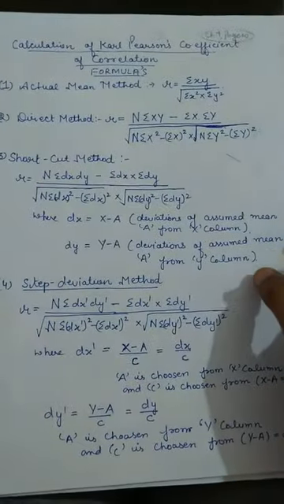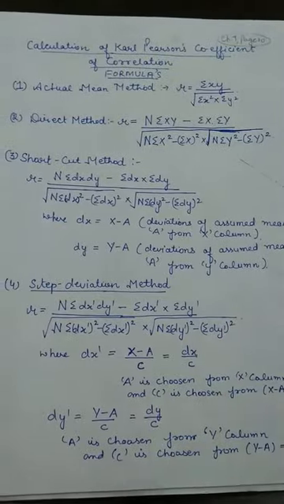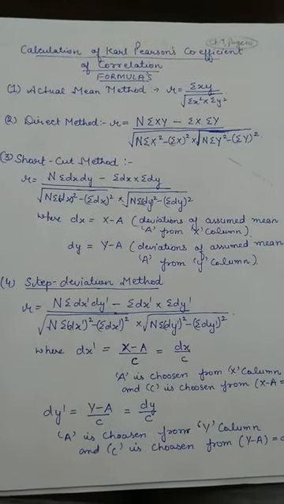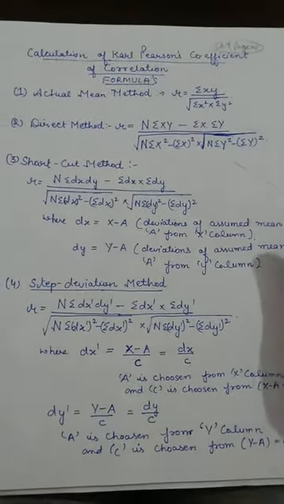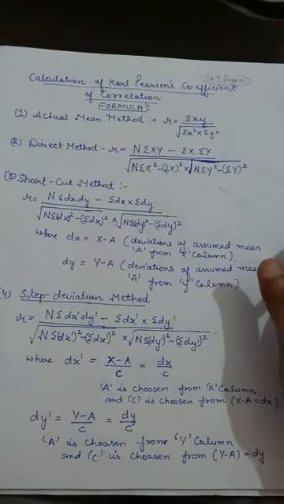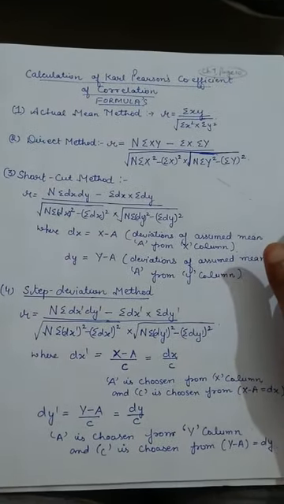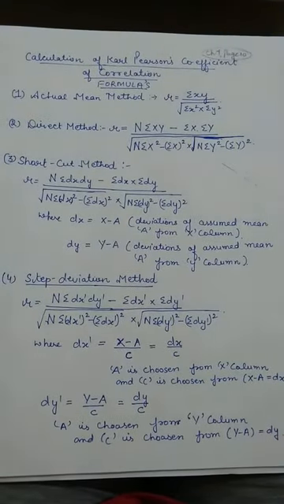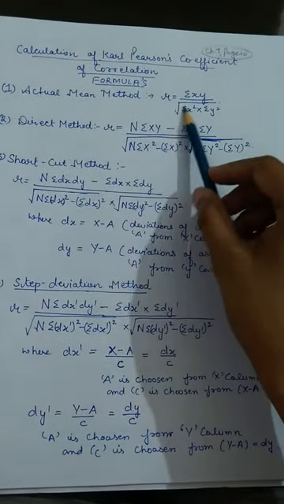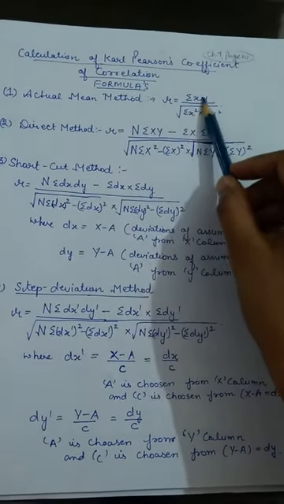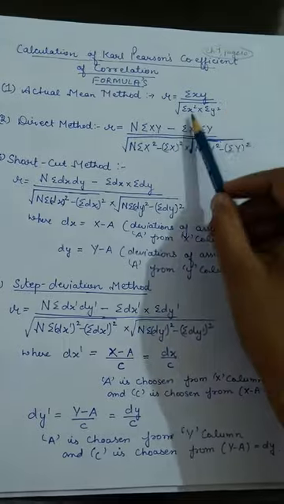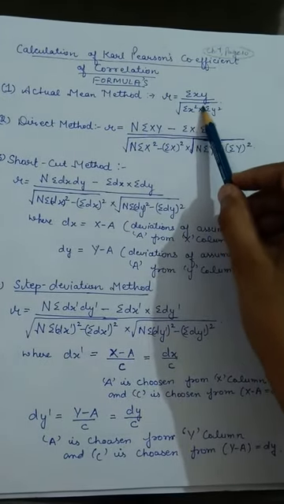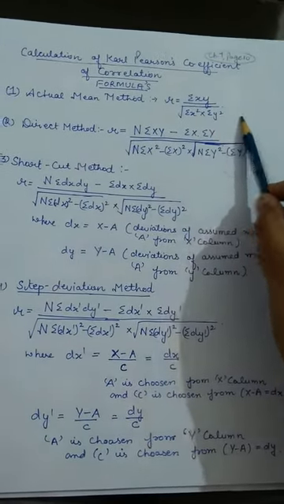Then next, this is your calculation of the Karl Pearson coefficient of correlation. All the formulas I am discussing with you today. Tomorrow we will do the numericals on the basis of all these formulas. So what is the actual method? R is equal to sigma xy upon root of sigma x square multiplied by sigma y square.